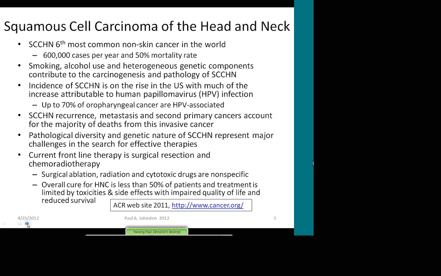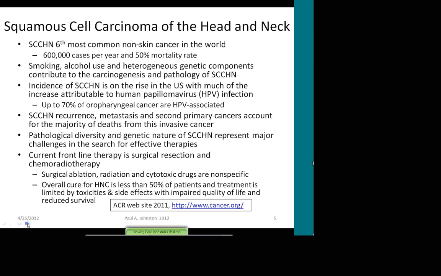The incidence is implicated with alcohol use and smoking. And there's also a high increase in head and neck cancers attributable to infection with human papillomavirus.